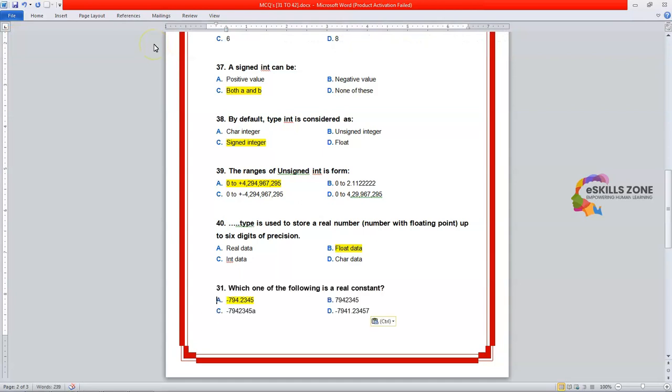Next number 41. The question is, the value range of floating point is from option A, 4.4 into 10 raised to the power minus 38 to 3.4 into 10 raised to the power 38.